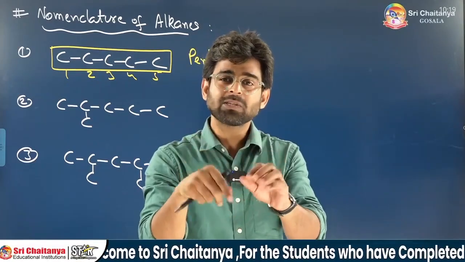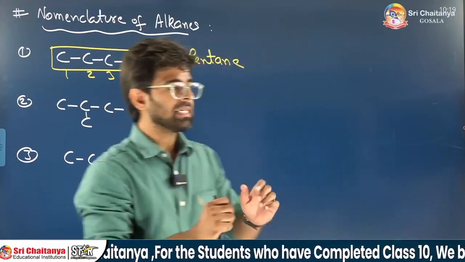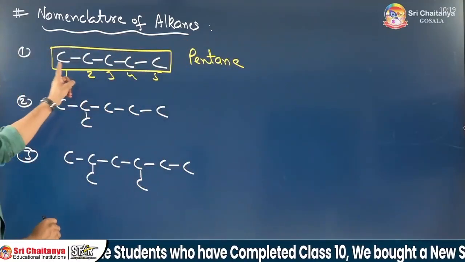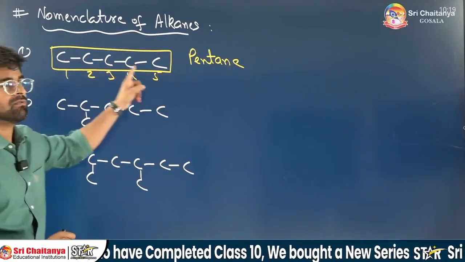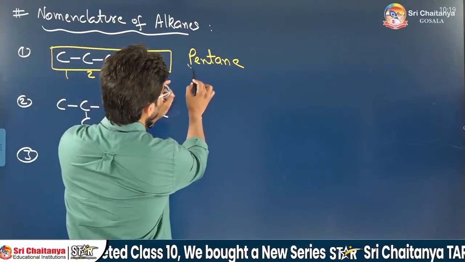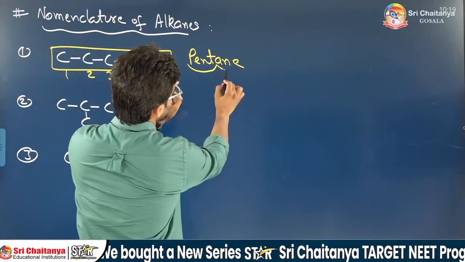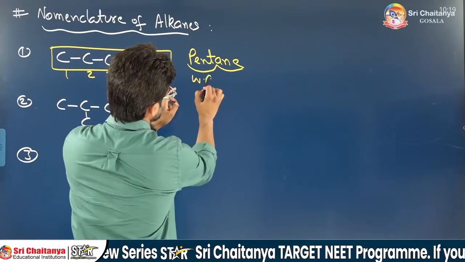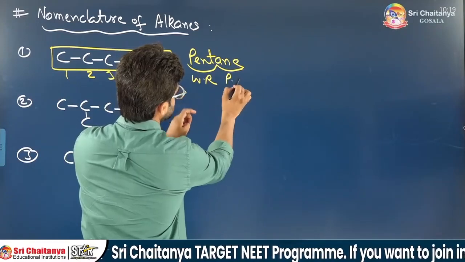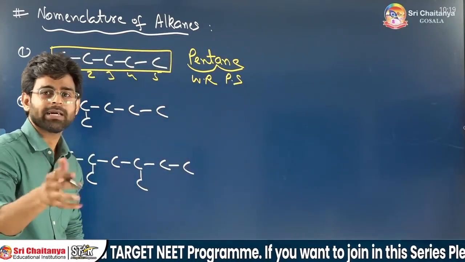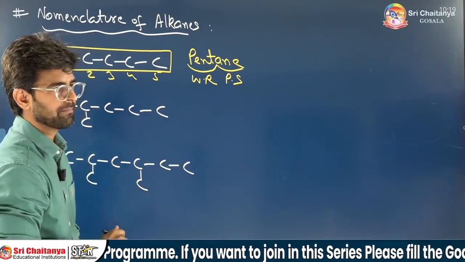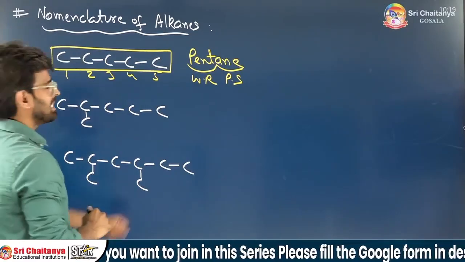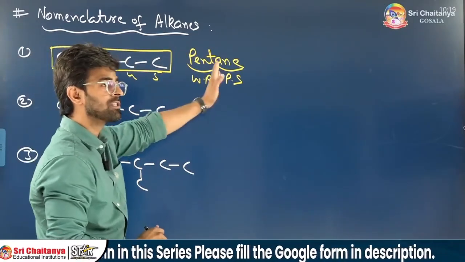No. Whatever is required, you have to use it. In this, I am only using what? Word root. This is my word root. And this is my what? This is the primary suffix. Nothing else required. It is not cyclic, so nothing required. No functional group, not required.